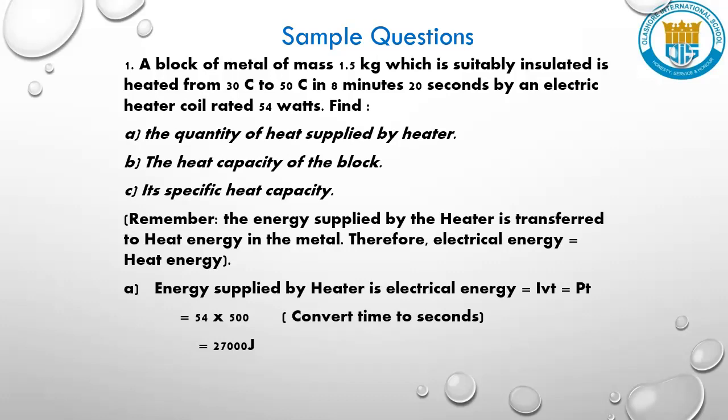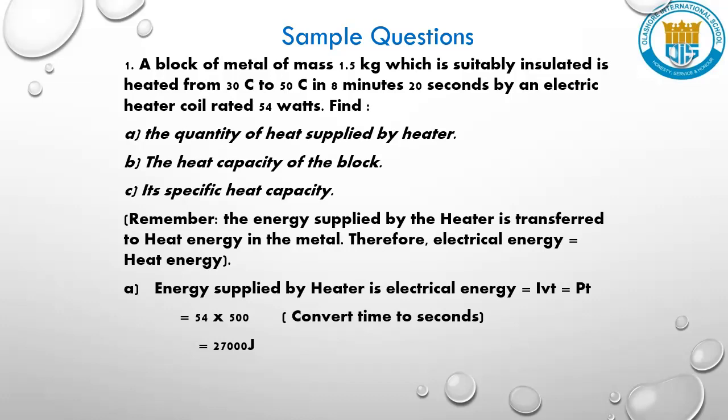And the form of energy that we have in electric heaters is the electrical energy. And that is given by the formula IVT or PT, since IV is the formula for power, electrical power anyway. So from what you have on your slide, the A there gives us 27,000 joules. That's by multiplying 54 watts, that's the power, by 500 seconds.